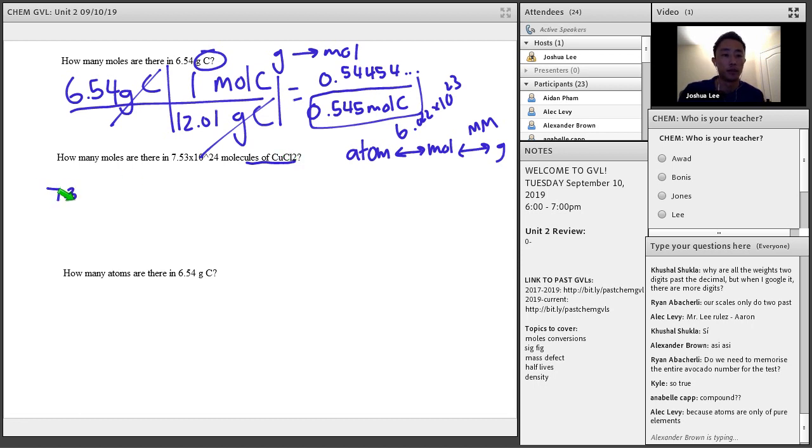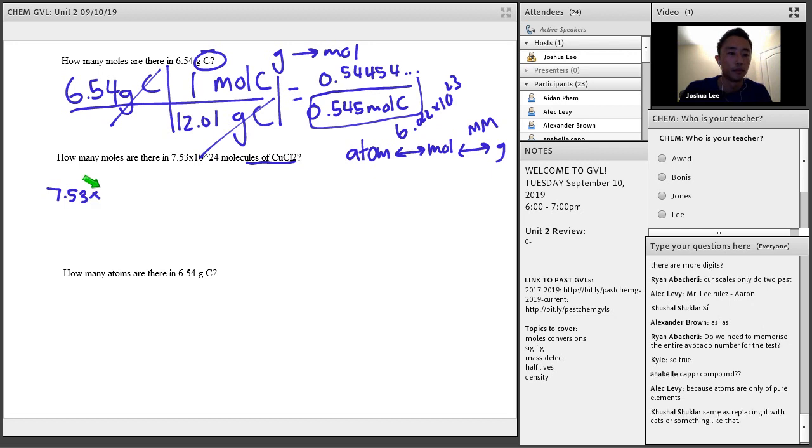So we have 7.53 times 10 to the 24th molecules.